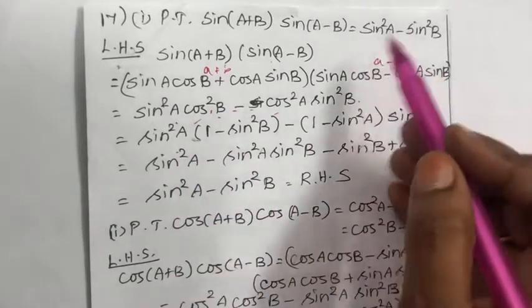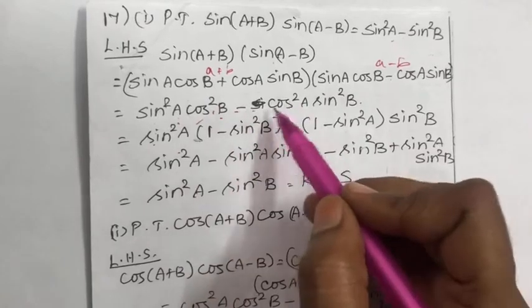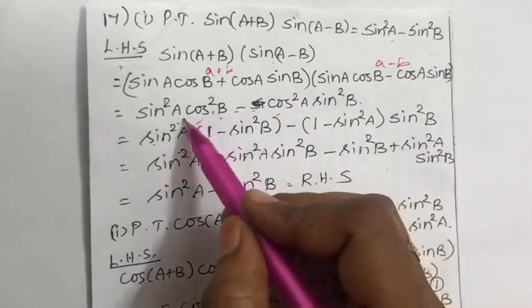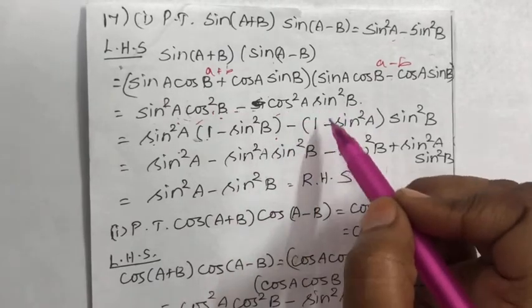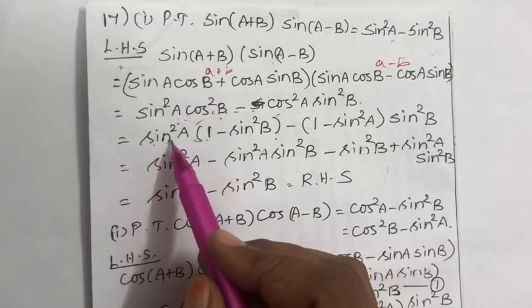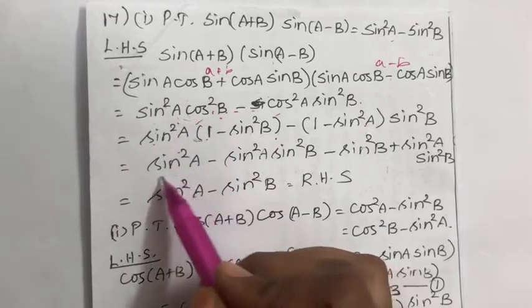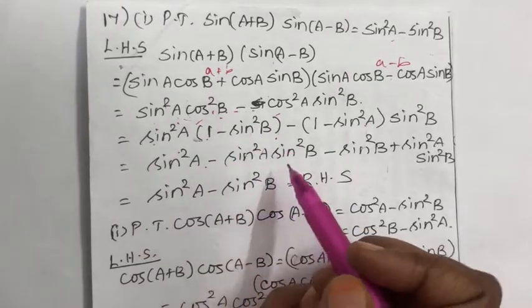So we keep sin square a and sin square b, and we have to change cos square b and cos square a. So I write cos square b as 1 minus sin square b and cos square a as 1 minus sin square a. Okay, so we can multiply now: 1 into sin square a, that is sin square a. Here minus sin square a sin square b.